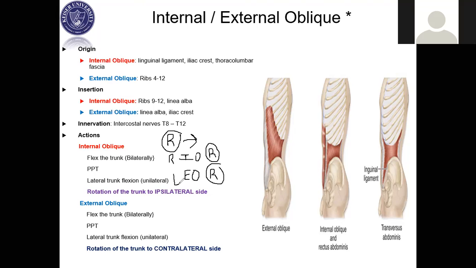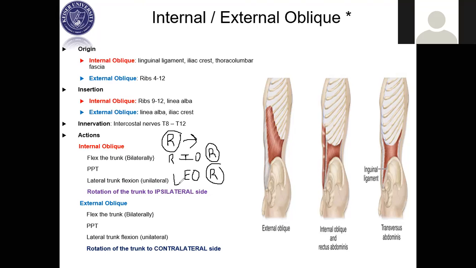The external oblique rotates the trunk to the contralateral side, or to the opposite side. So in order to turn to the right, the left external oblique has to contract.